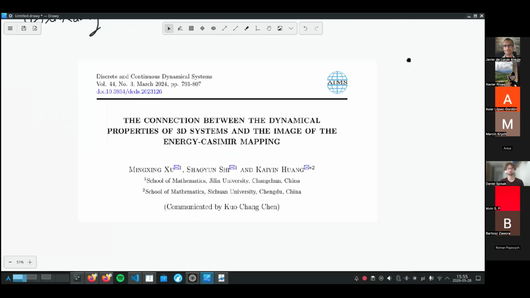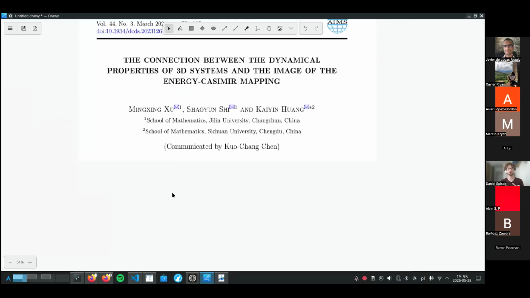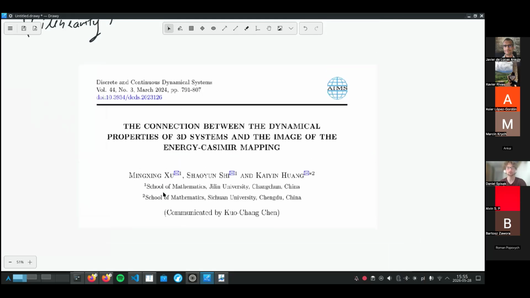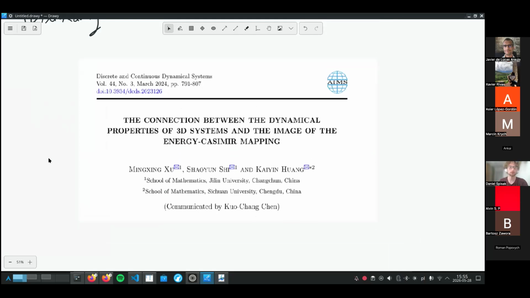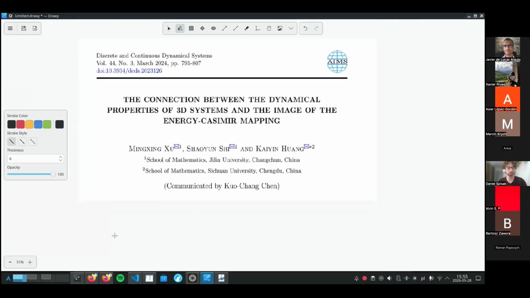Okay, so what they are doing is studying the image of the Energy-Casimir mapping. The Energy-Casimir mapping is just a function that takes the Hamiltonian and Casimir and outputs something in R2, as I remember.